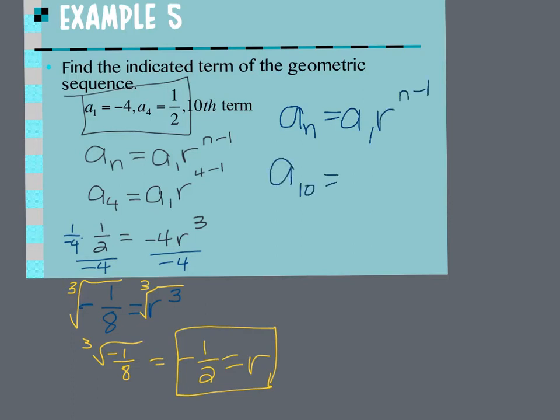That's the 10th term. A sub 1 is negative 4. R we now know is negative 1/2. And the 10th term would be 10, and I'd subtract the 1. So a sub 10 equals negative 4 times negative 1/2 to the 9th power.